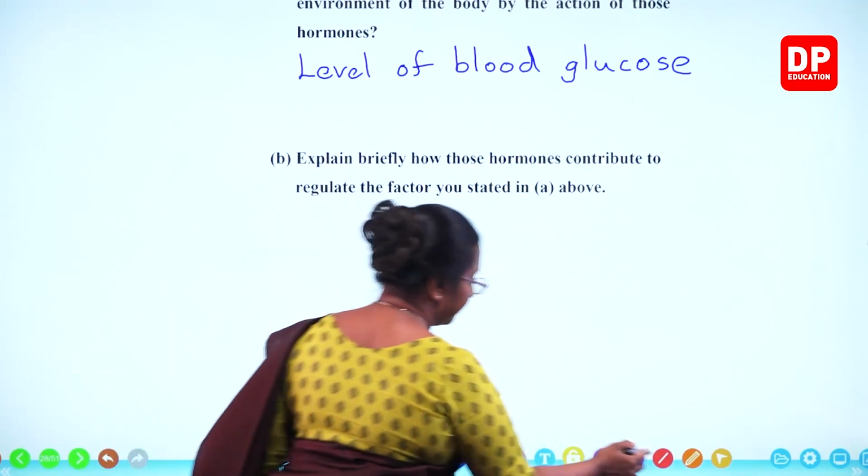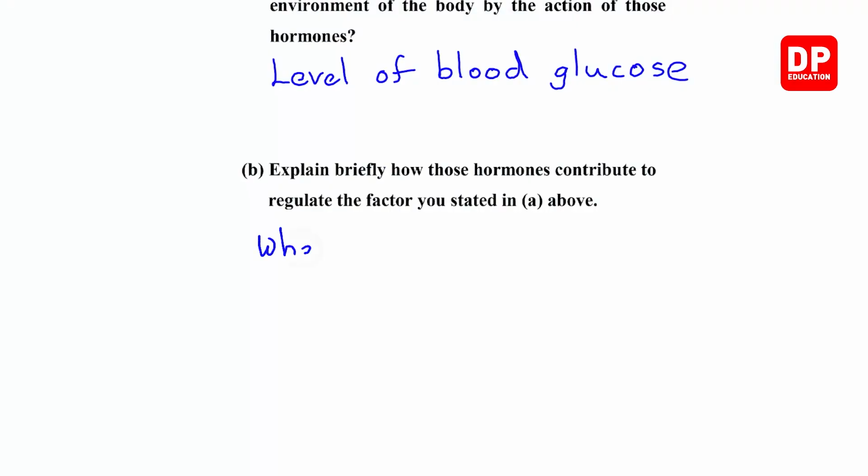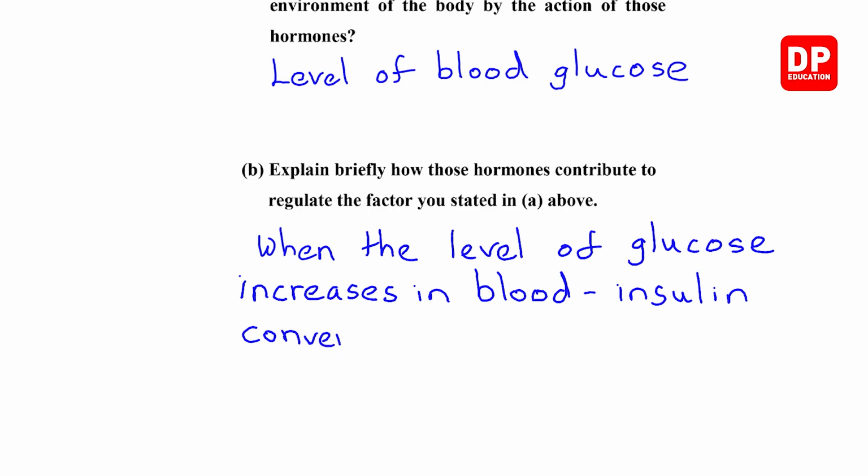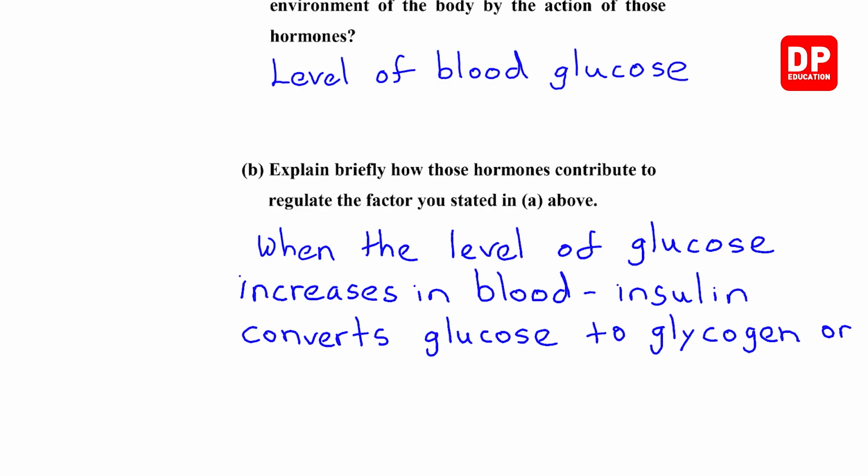To explain that, we can say when the level of glucose increases in blood, insulin converts glucose to glycogen or fat in the liver.